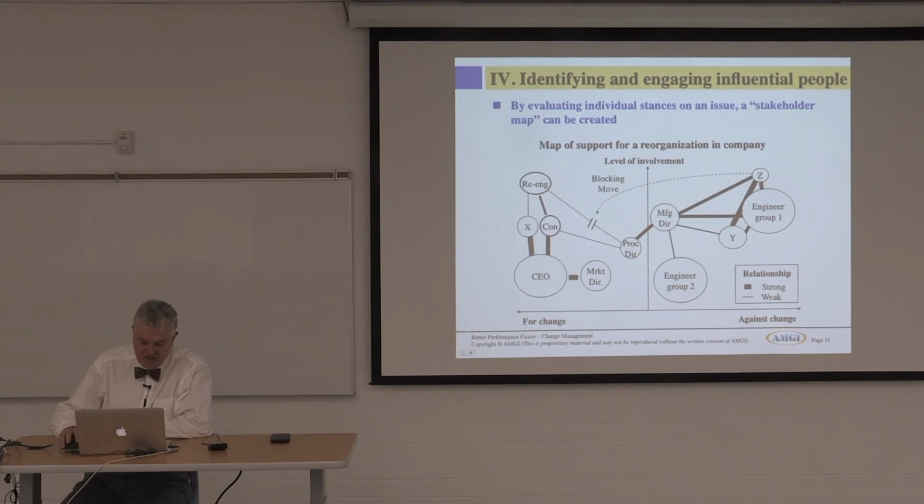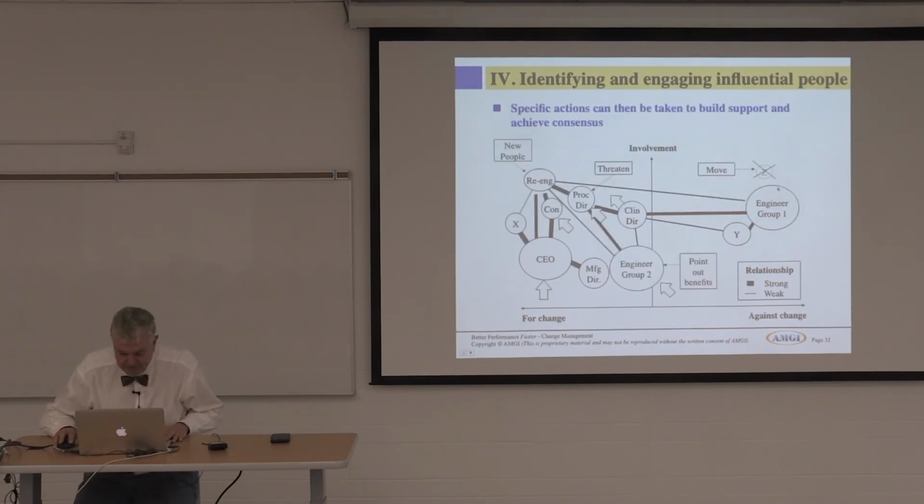But this individual here is trying to block this relationship between this process director, who's got a strong relationship with a manufacturing director. So this person's pulling this manufacturing director that way, who's influencing that person to pull away. Now the CEO obviously is supposed to have ultimate authority, but you don't know because it could be a family-owned business.